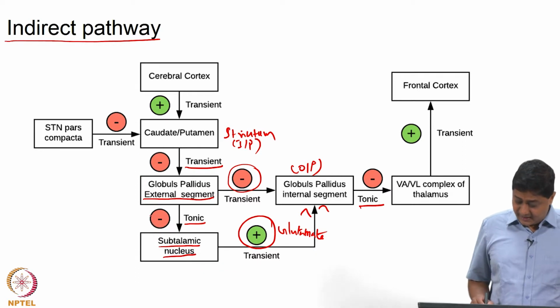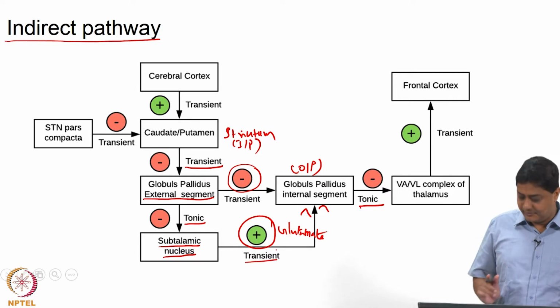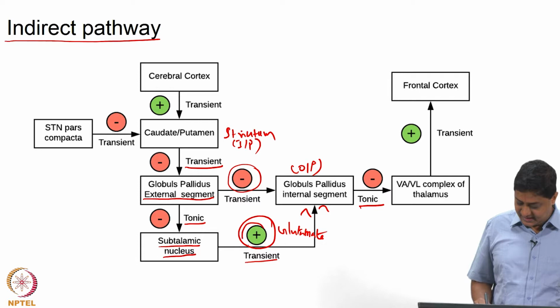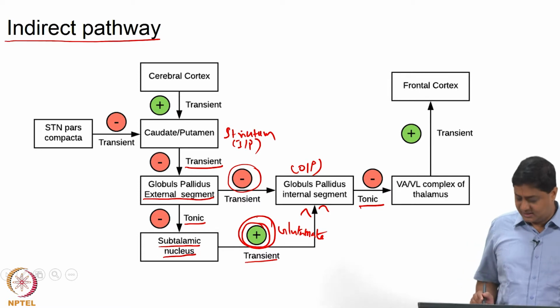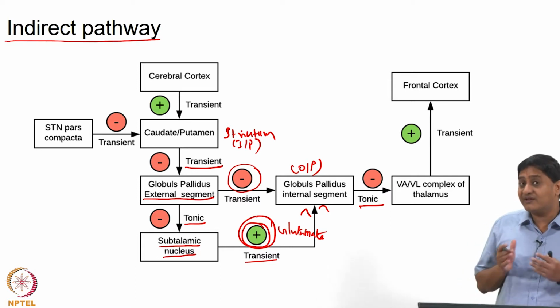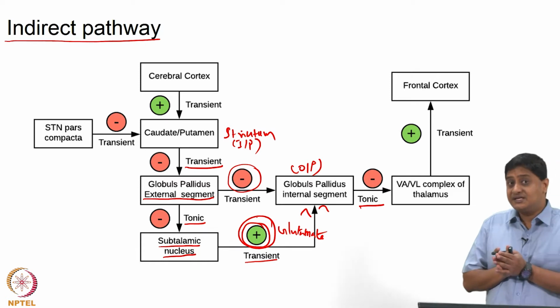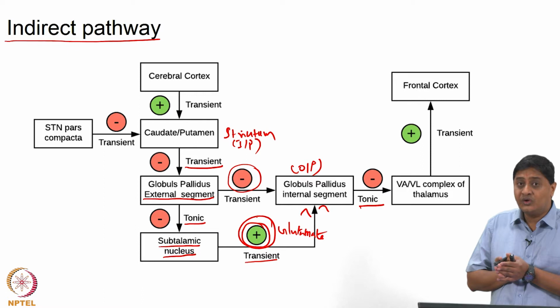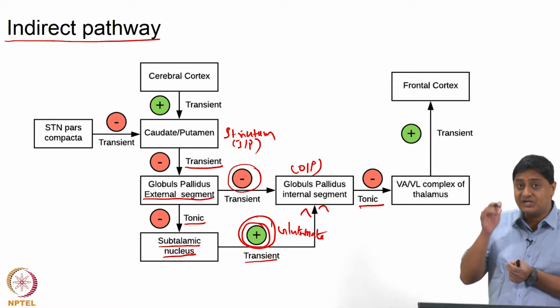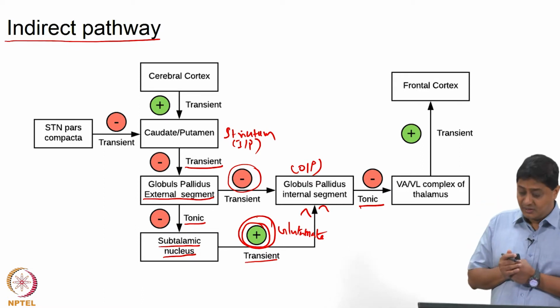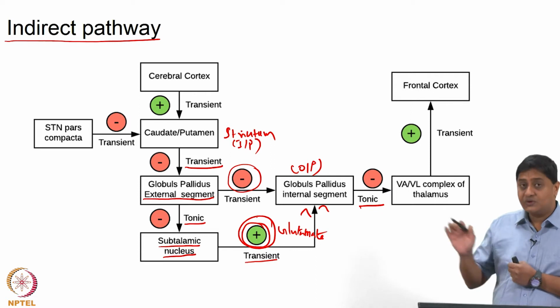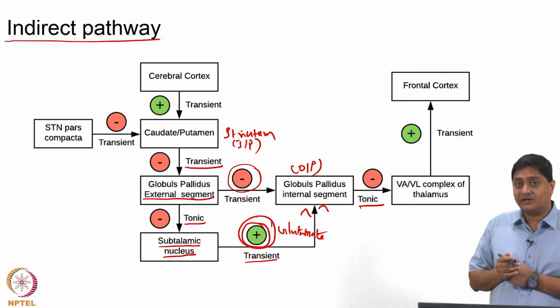So, the GPI neurons are transiently excited, not inhibited, transiently excited by the subthalamic nucleus. So, whenever the subthalamic nucleus is activated, whenever it is excited, it is going to increase the inhibition level provided by the GPI to the thalamocortical neurons.